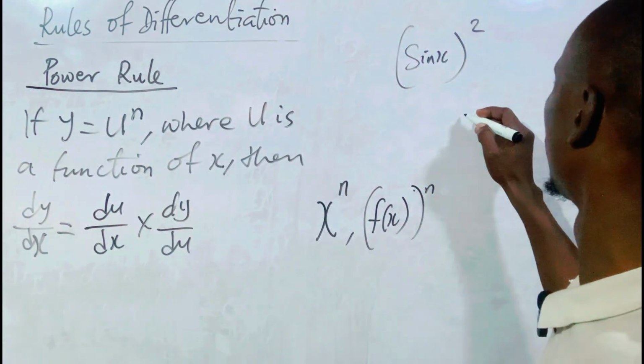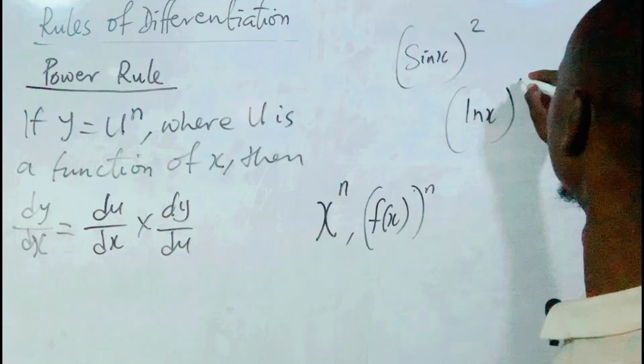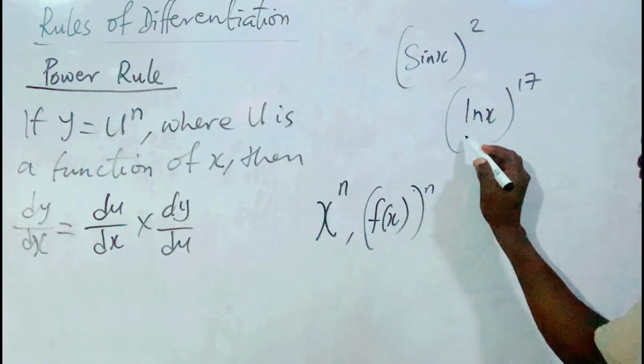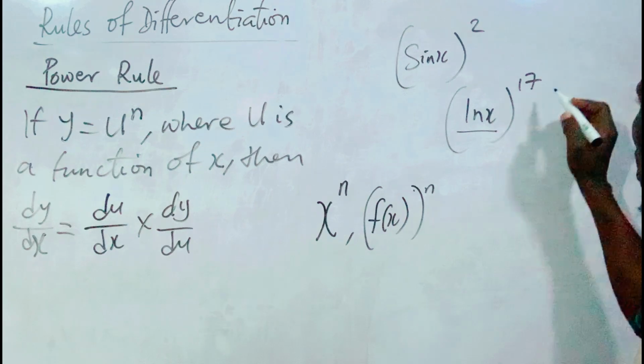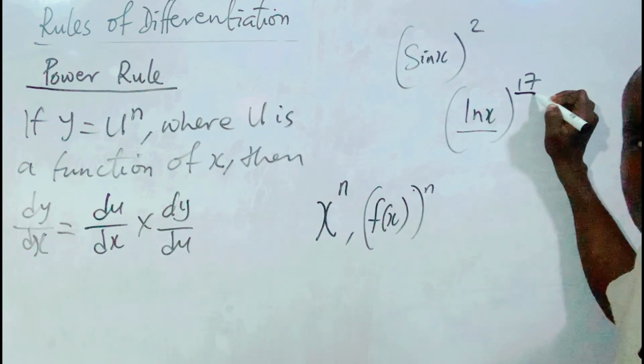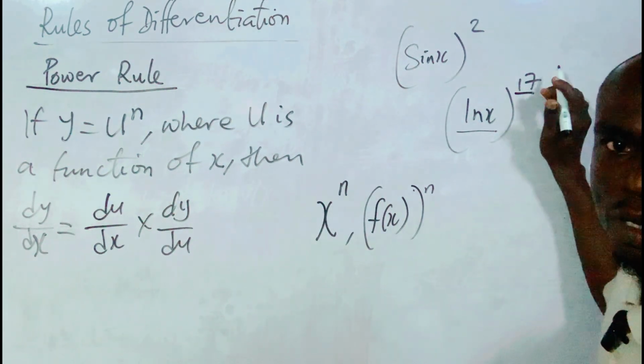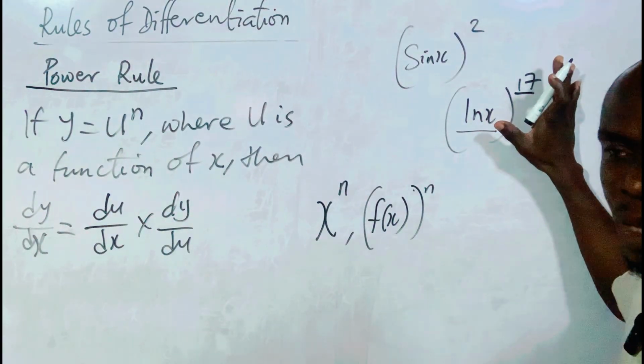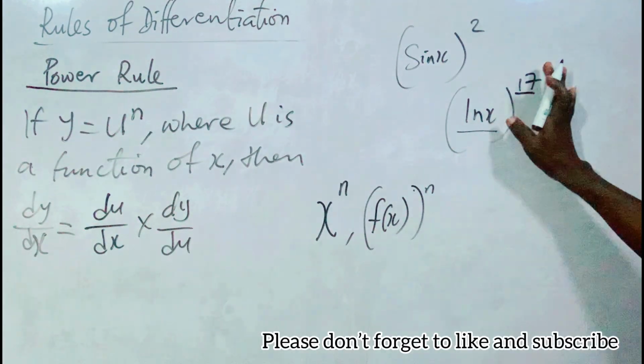I can have ln x raised to power 17. This can be solved by power rule because it's a function of x as the base and a constant as the power. These are the kind of problem power rule deals with. You have a function of x.